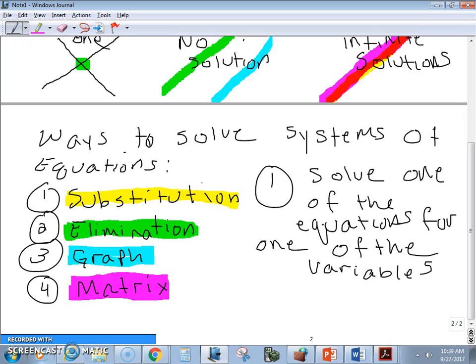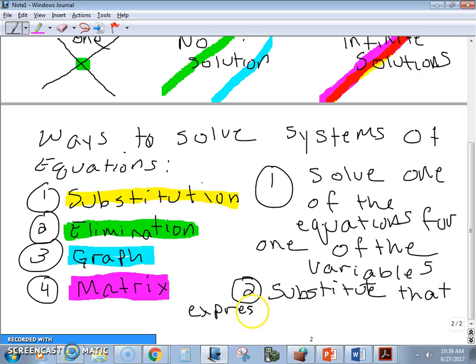Solve one of the equations for one of the variables. And it's just a two-step process. Step two is you substitute that expression into the other equation.